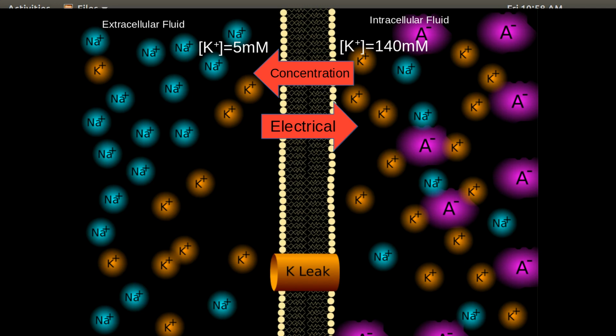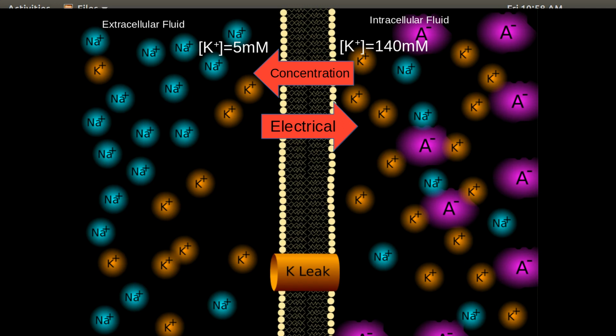So it will never go to equilibrium in either electrical gradient or concentration gradient because they are both simultaneously working on it. And since you have them both in opposition, they'll eventually balance each other out, where they both have the same force, and you have no net movement of potassium either way. You'll still have movement back and forth, but it'll be equal in both directions, and it'll just stabilize there.